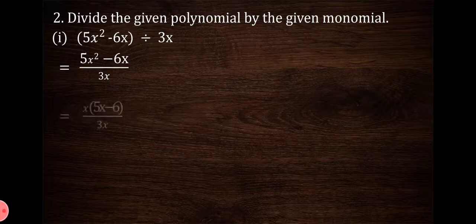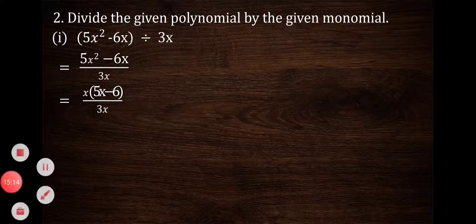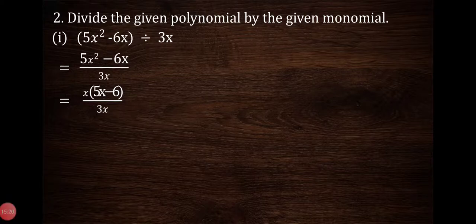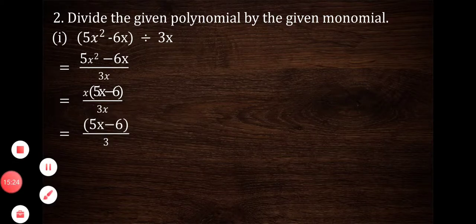So in numerator we take out x common and remaining will be written in the bracket. So that is equal to x into 5x minus 6 upon 3x. Now again you can see that we can cut x, that is equal to 5x minus 6 upon 3.